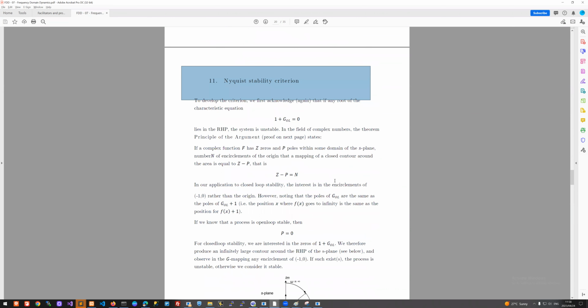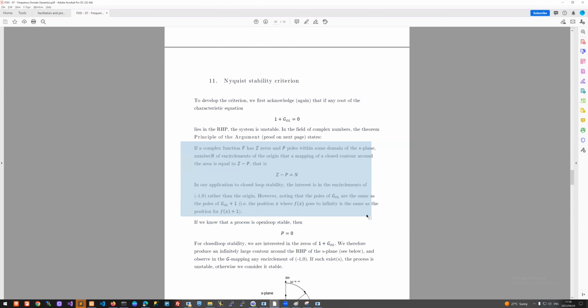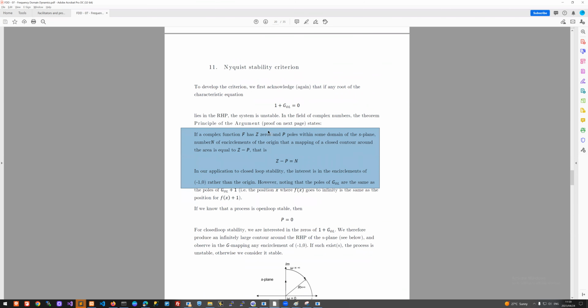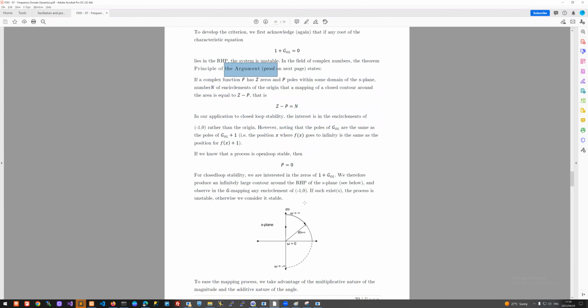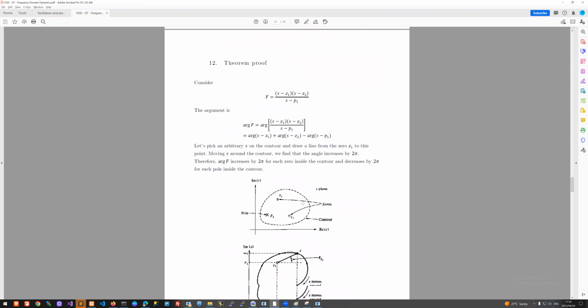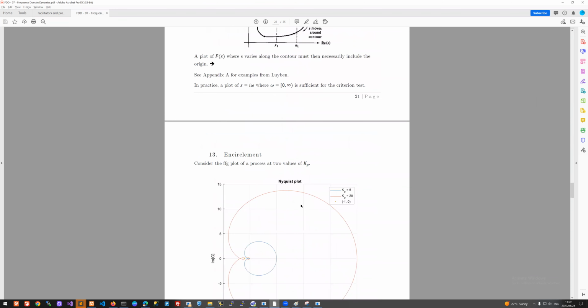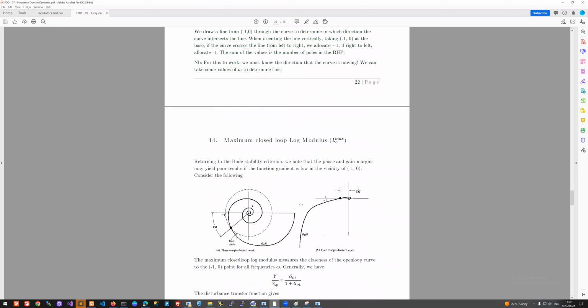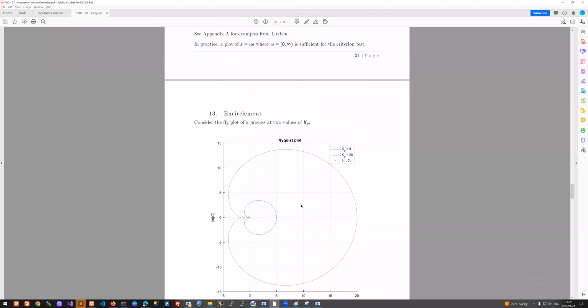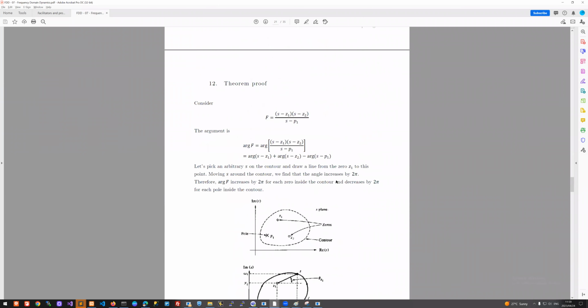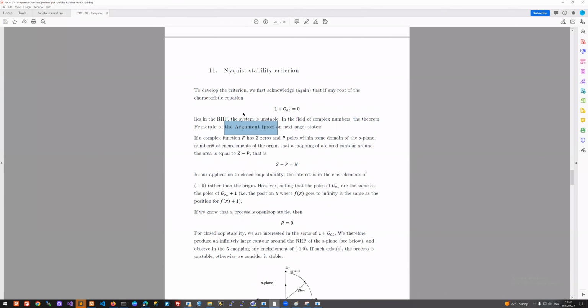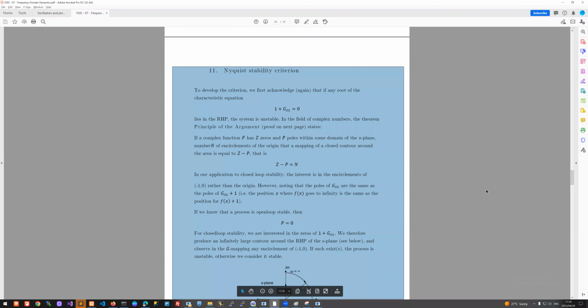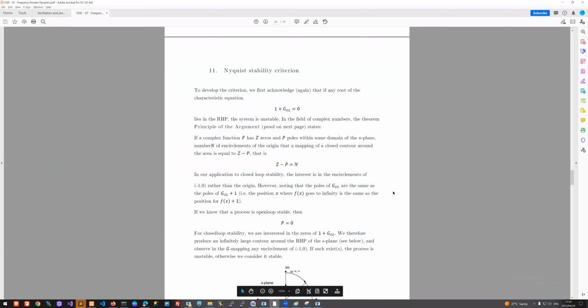Maybe I should have just pointed here, but all the stuff we just talked about is here. Your principle of the argument theorem is here, the justification for that, encirclement, that's all here. But I guess it's not signposted as here's everything is based on these 2 pages. Yeah, so it is here as well.